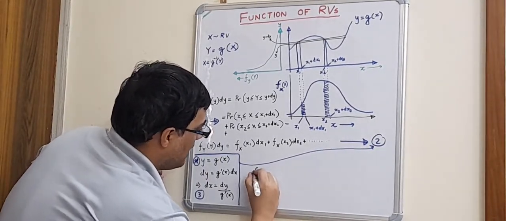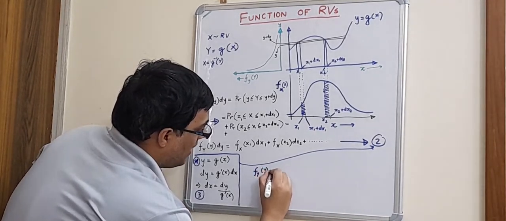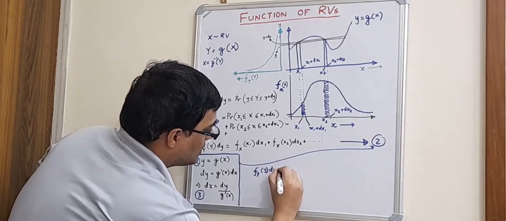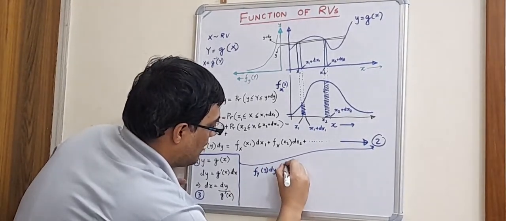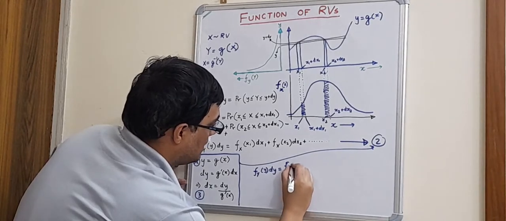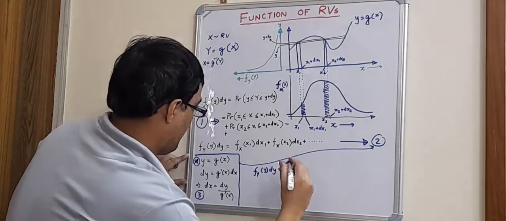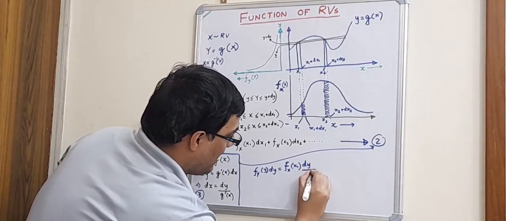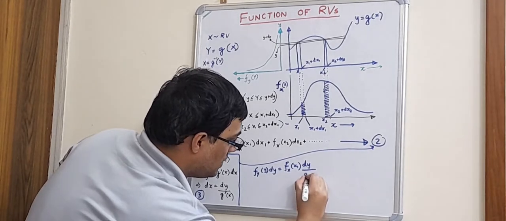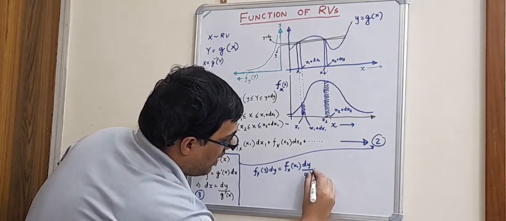My fy dy becomes fx of x1, and this will become dy by g dash x1 under modulus.